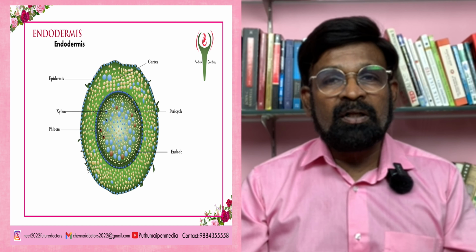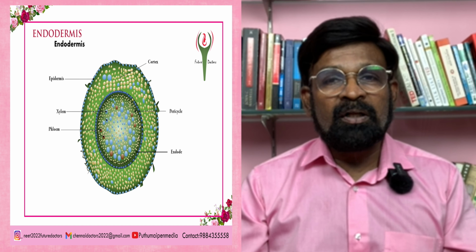Vascular strands consist of separate bundles of xylem and phloem arranged alternately, inner to the pericycle. Hence, the xylem and phloem bundles are equal in number and lie on different radii. Such vascular bundles are called radial bundles.